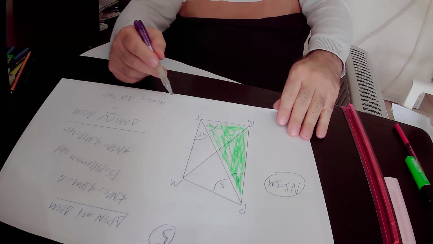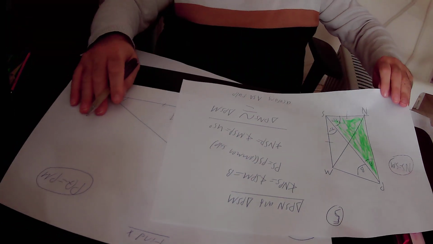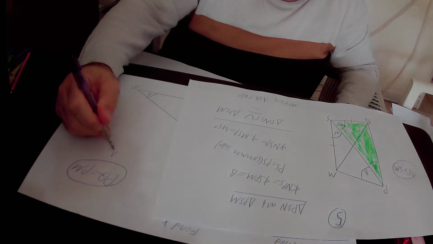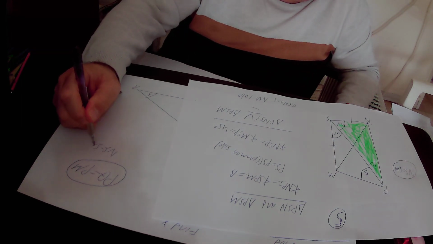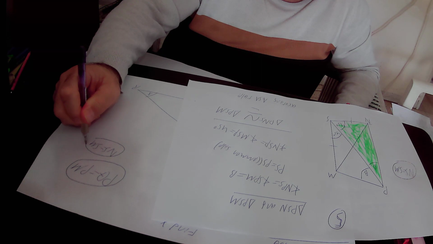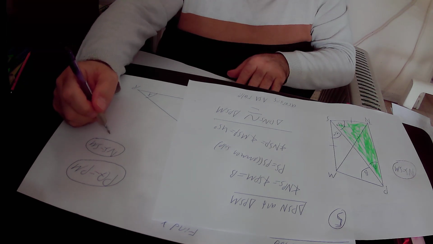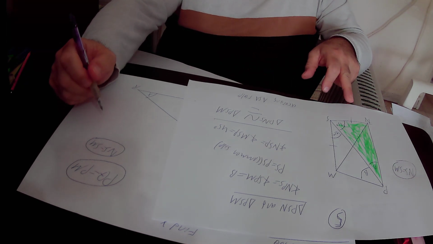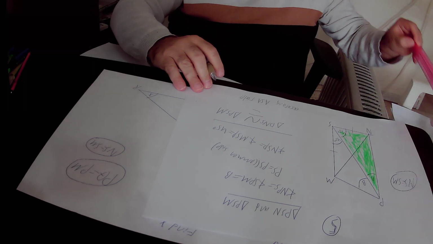Okay, so we can write here that NS equals SM, and I will draw triangle NMS in a new page.